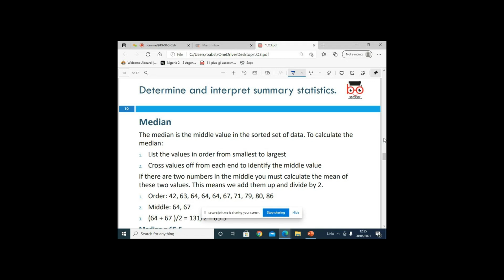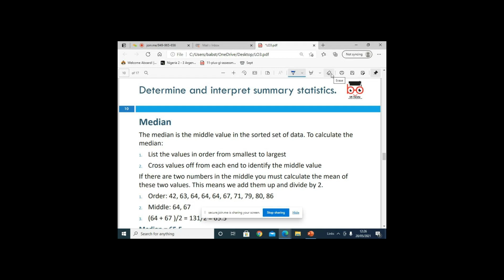Sometimes you have only one value in the middle. Sometimes the data are even, and then you will not get only one value as the median. You will get 2 values at the center.